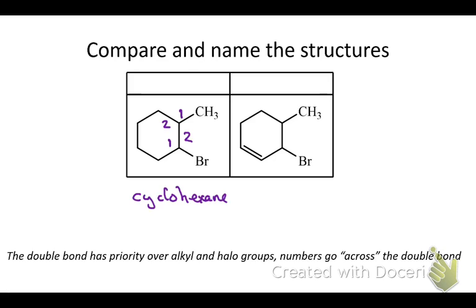Bromine and methyl groups are like siblings in an ideal parent world. Neither one has priority, so you just alphabetize them. When you try to make it fair, you can just do them in alphabetical order. So it's going to be 1 bromo. The numbering is decided by alphabet. So it's 1 bromo, 2 methyl, and then cyclohexane.